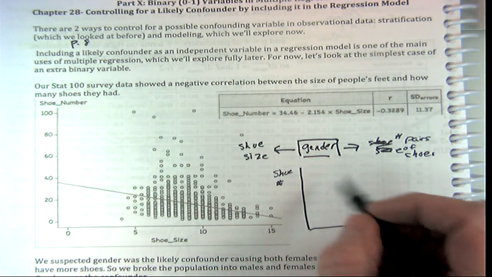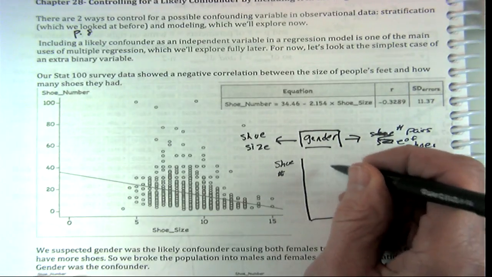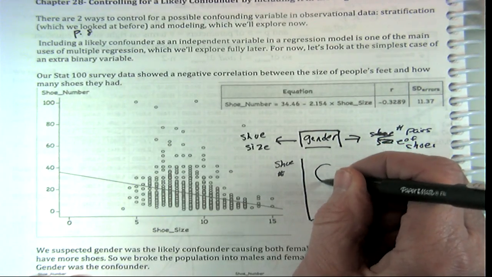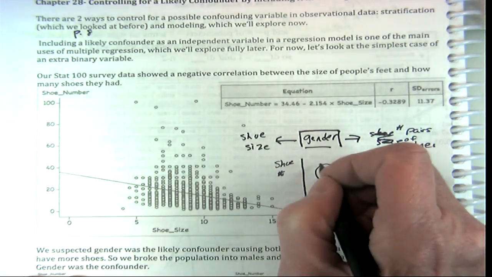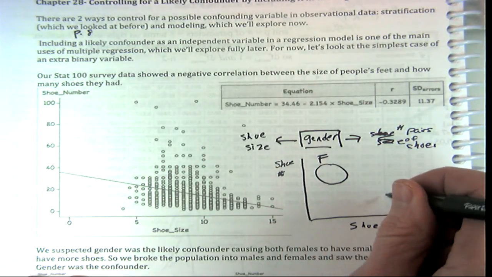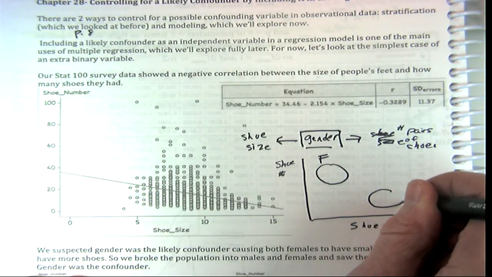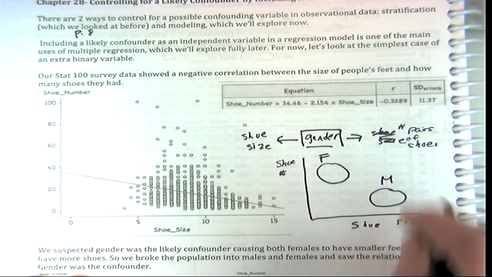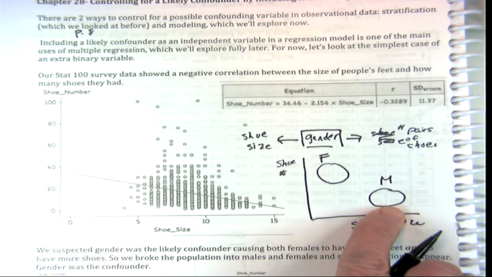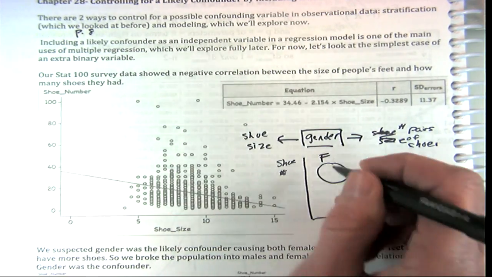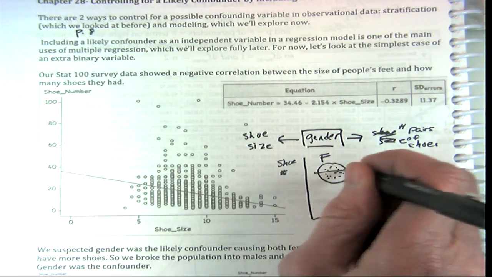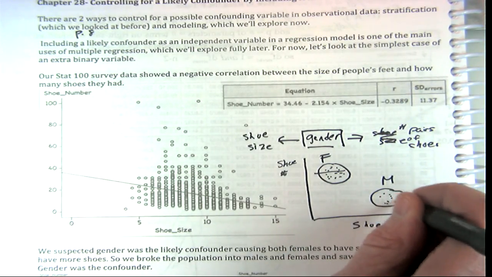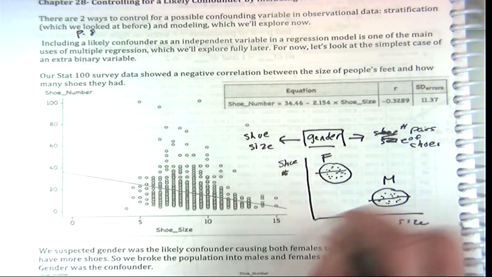Basically, we have two distinct groups. Up here, with small feet but lots of shoes, are females. And down here, with larger feet but fewer shoes, are males. But inside each group, there was basically no relationship. It was pretty flat. It certainly wasn't negative. It looked like this.